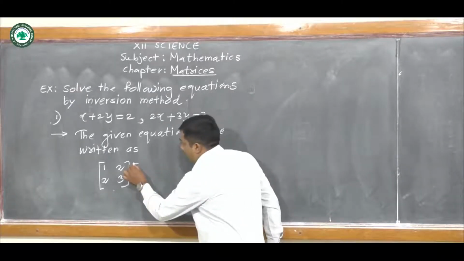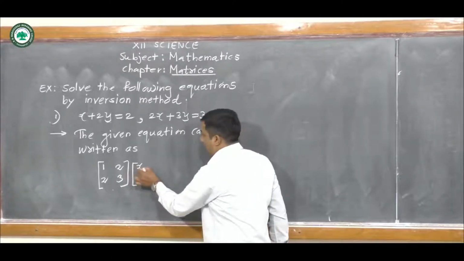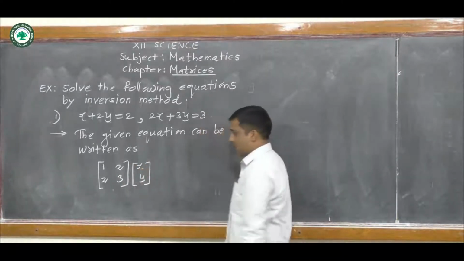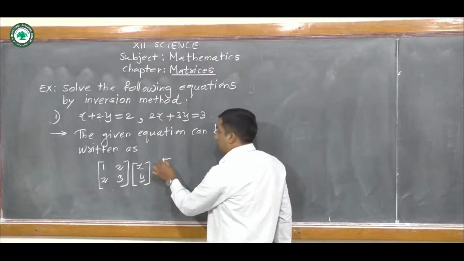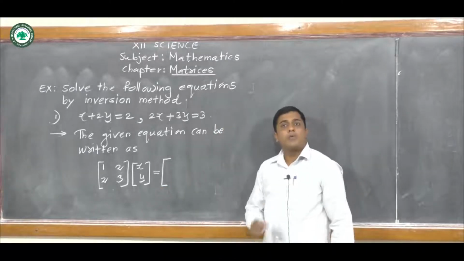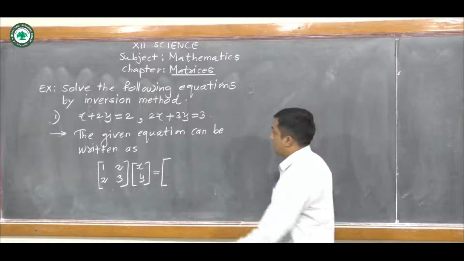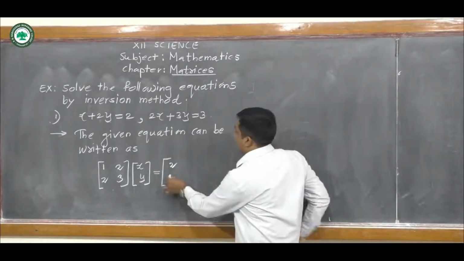Then in the second matrix we consider the variables. Here the variables are x and y. So this is the column matrix having elements x and y. This is equal to, in the RHS, the column matrix of constants. Here the constants are 2 for the first and 3 for the second.